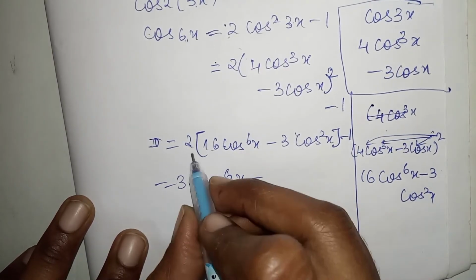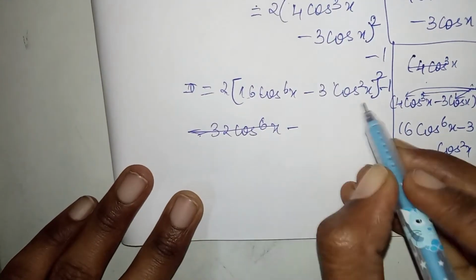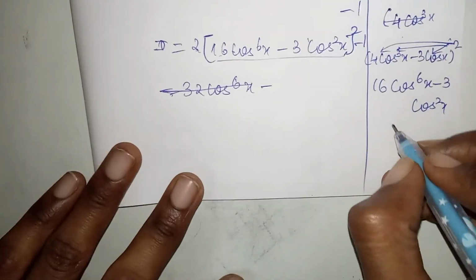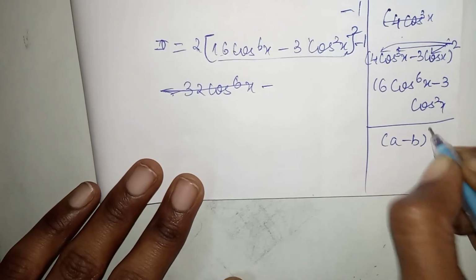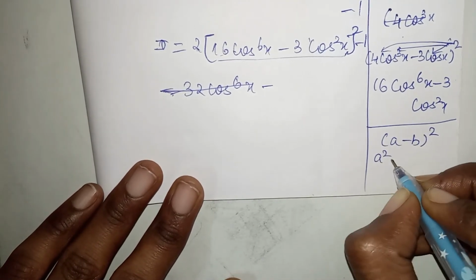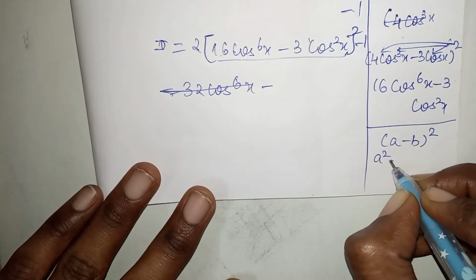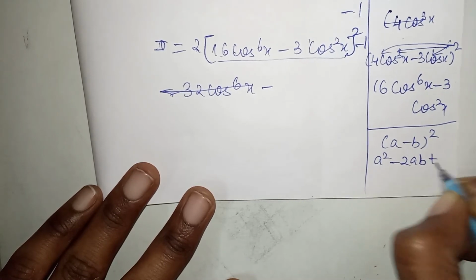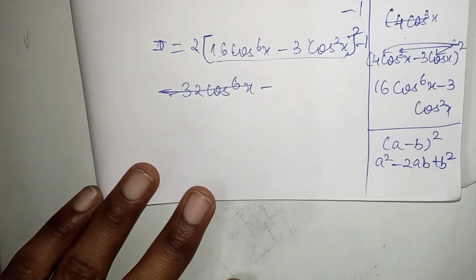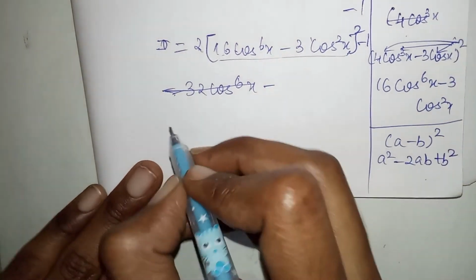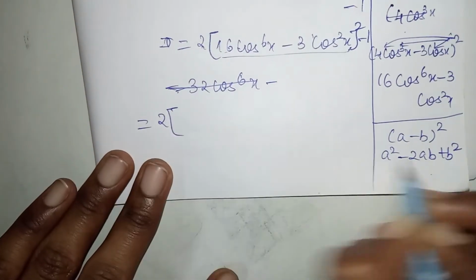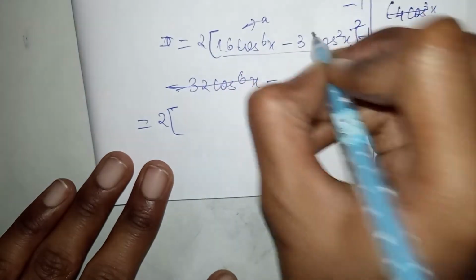And what is there next? What you can see over here is a minus b whole square. The formula is what? A minus b whole square is a square minus 2ab plus b square. Here you have to apply it. A is what? This is a and this is b.